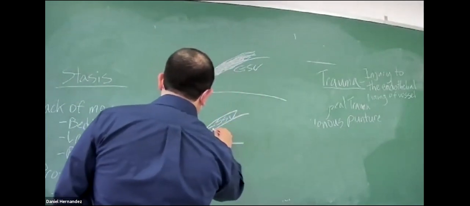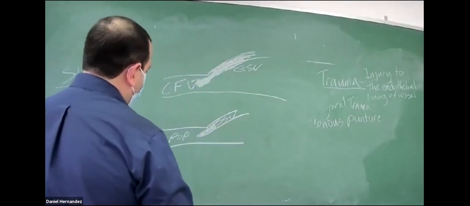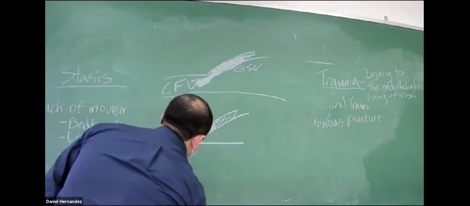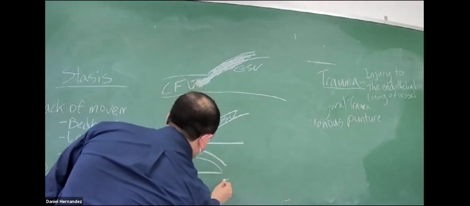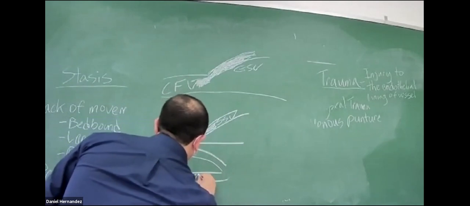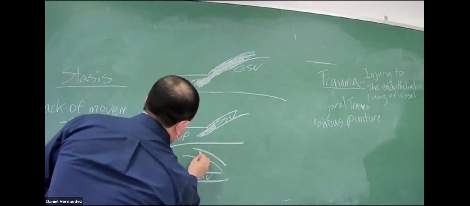Again, look for extension into that popliteal vein from the small saphenous vein. In the arms, we have the subclavian vein, and then this could be your cephalic vein.